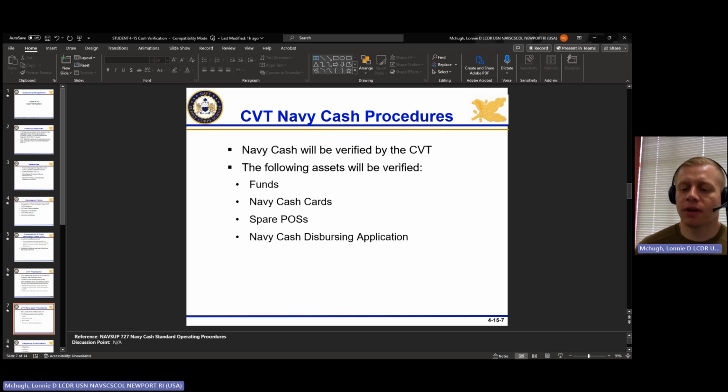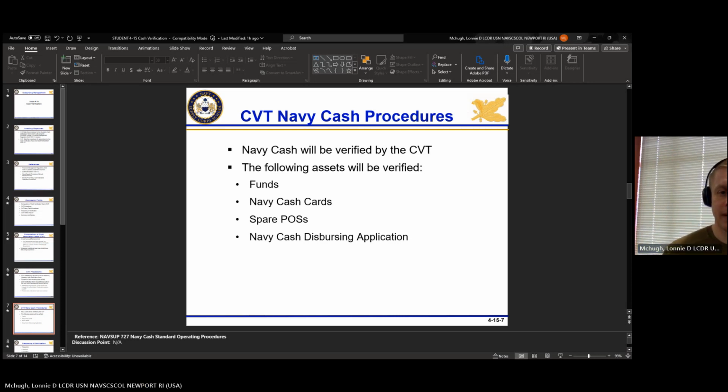So do you have people with negative balances on their Navy cash cards that have been uncollected for a long period of time? Then they're going to go through and audit your assets that you have on hand, which means your Navy cash cards, your points of sale, which are little devices that you'll carry around to, maybe, your retail operation, maybe you'll hand them out to the chief's mess, maybe you'll hand them out to the wardroom.